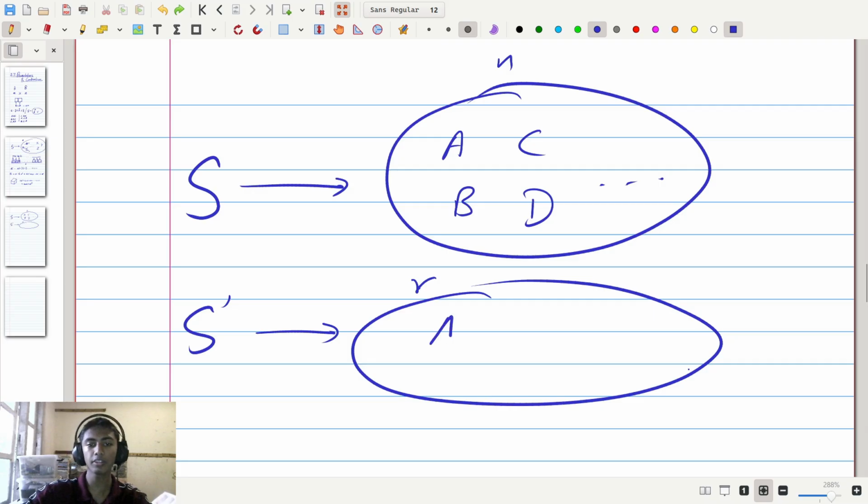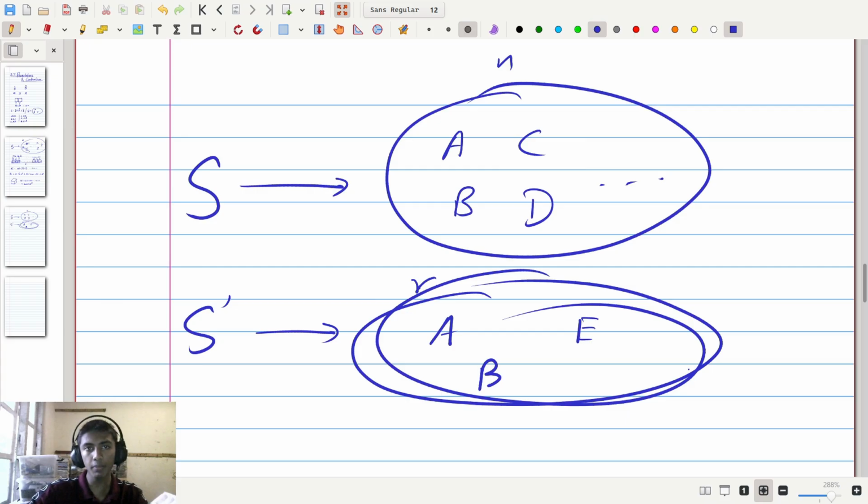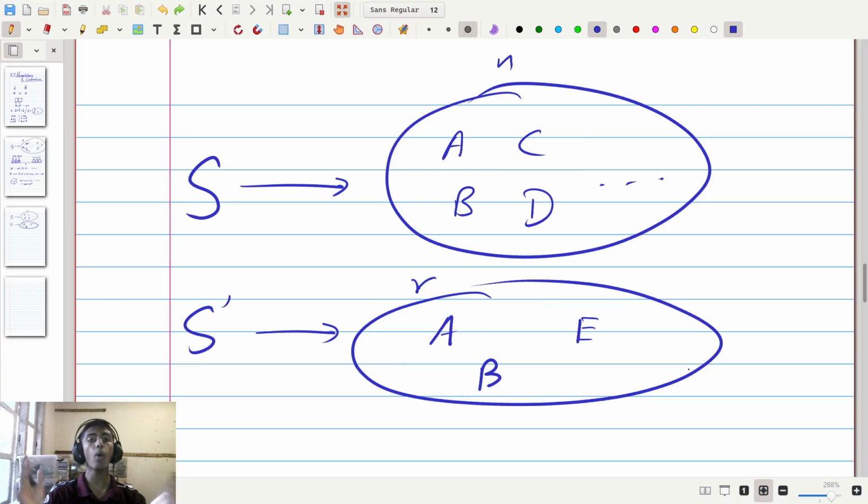So in this case, let's suppose we take A, B, maybe we take E, we don't take C and D, so clearly it's a subset of the set S, and given this certain arrangement of elements, we now try to figure out what are the total different permutations of this given subset S prime. And then we do it for the next possible subset and the next possible subset.